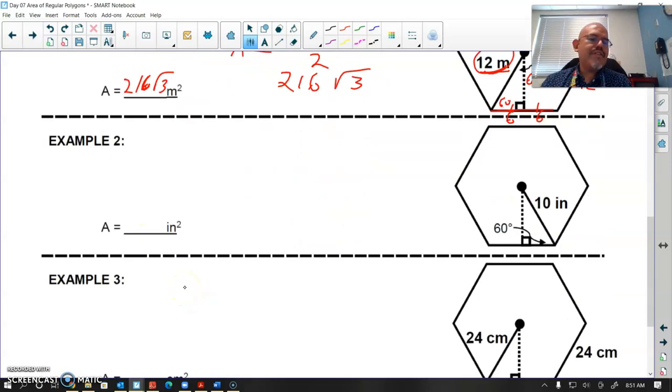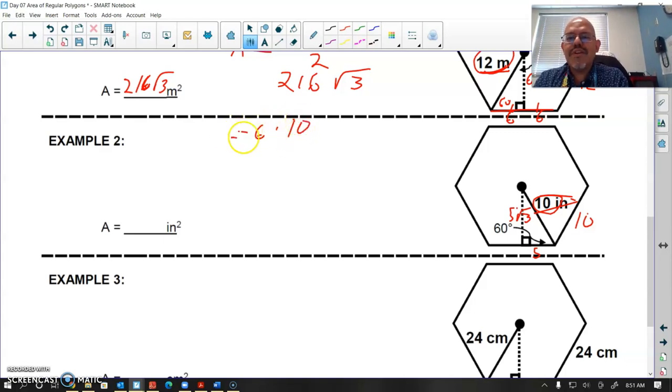Same thing over here. This is going to be 5 square root 3. And then, of course, all the side lengths are 10. Basically, this is an equilateral triangle, so all of them are going to be 10. So it's going to be 6 times 10 to get the perimeter. So that's 60. And the apothem, of course, is equal to 5 square root 3.